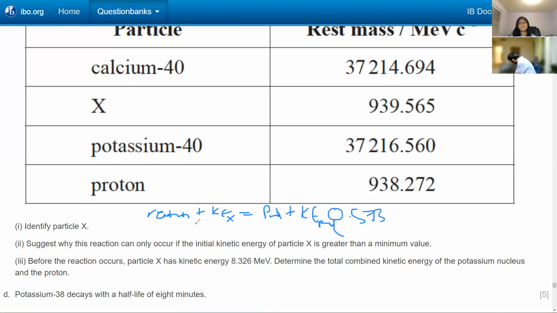Calculate the binding energy per nucleon for uranium. Okay, we did that. Let's do binding energy per nucleon. Oh, it's because it was energy released. The energy released in decay, you don't put that on the left side. I think energy released, you have to put on the left side. That's what was confusing. But why do you put energy released on the left side?